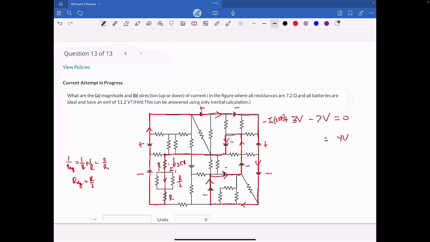And I've got 2.5 R times I1 negative. Yeah, this is a negative 4. It moves over, positive 4. So I1 is negative 4V over 2.5 R, which is negative 4 times 11.2 all over 2.5 times 7.2.